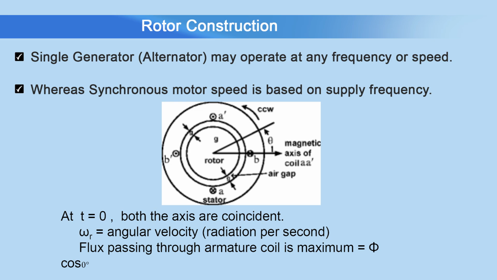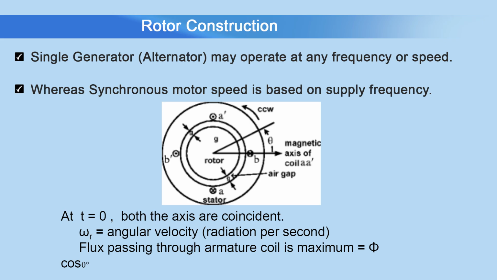In next 2 categories, the scheme will be opposite. Field winding will be on the outer side, stator, and inside this the rotating part will be armature. But in all the cases, what we have to consider is the relative motion between magnetic field and the conductor.